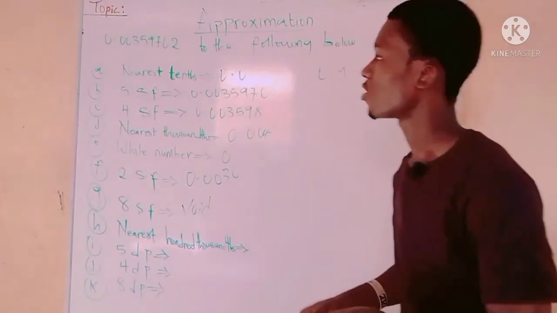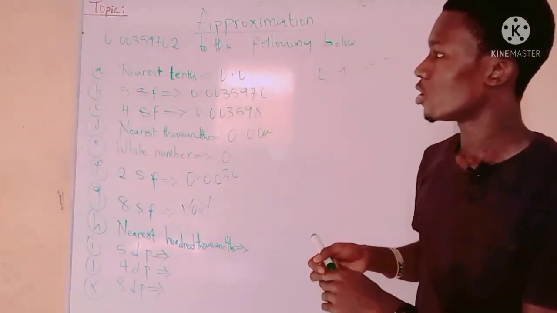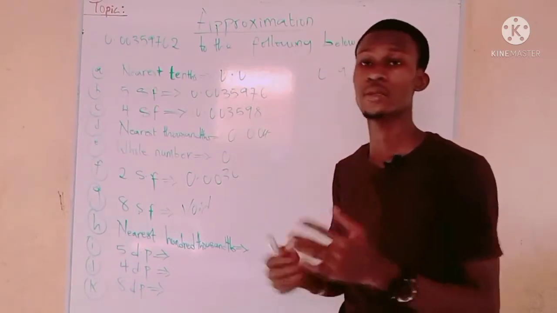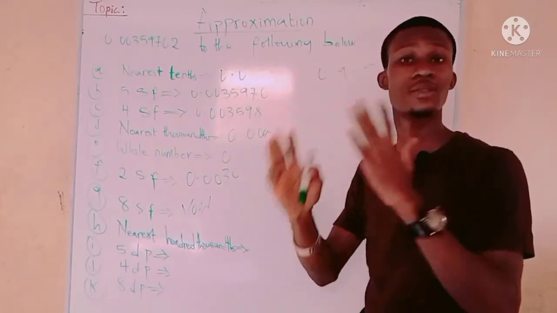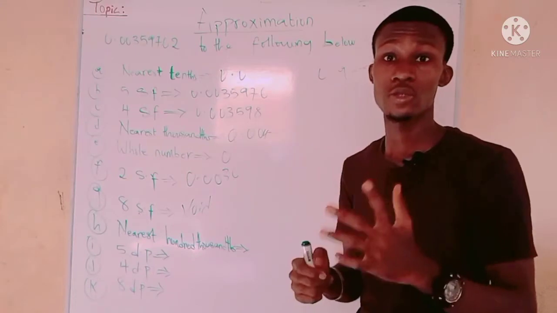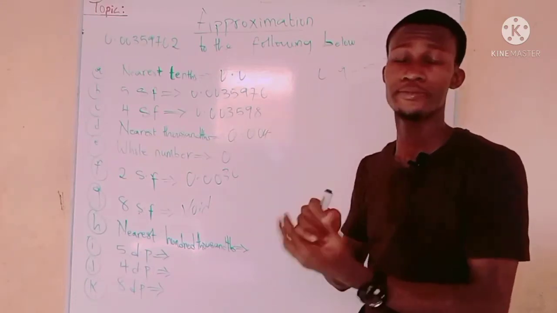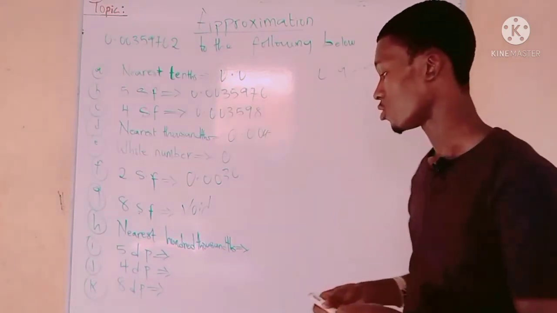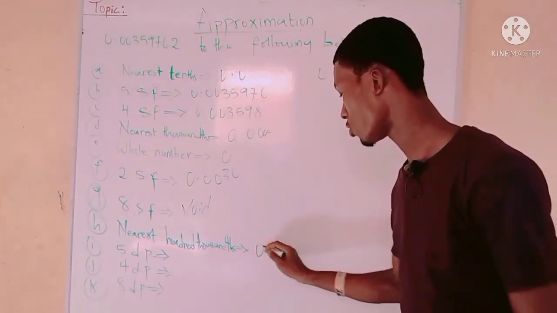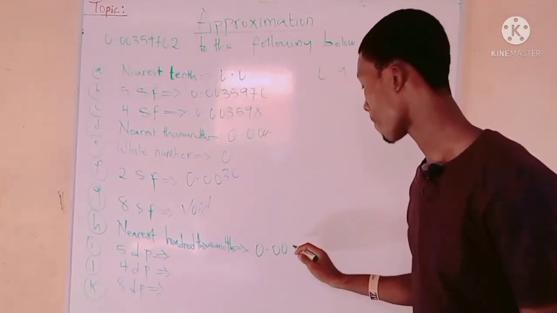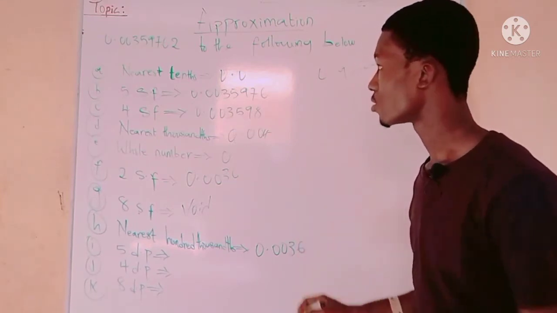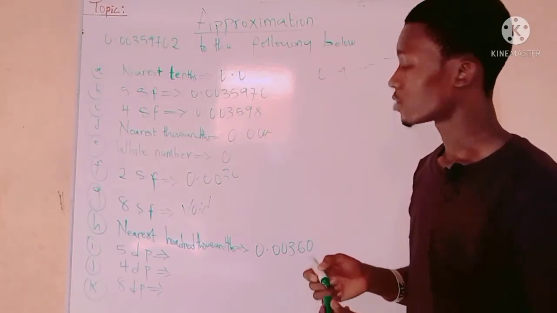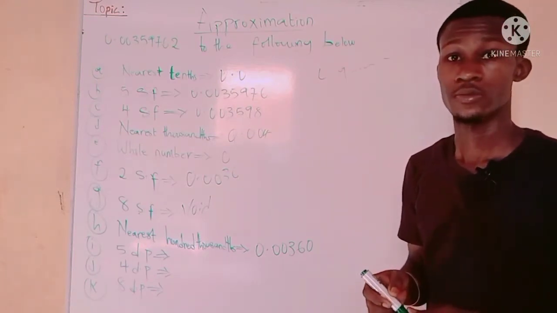So instead of writing 359, 7 is up to 5 or more than 5, so we'll add 1 to 9 to make it 10. But instead of writing the 10, we're going to put 0 and add 1 to 5 to make it 6. So the answer becomes 0.00360. As good as new.